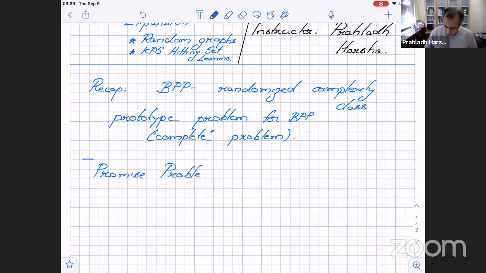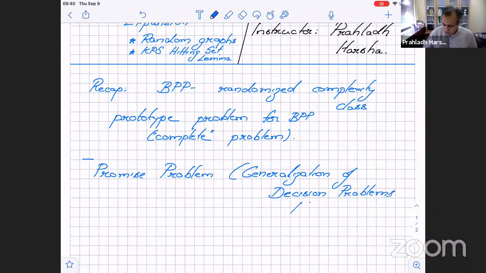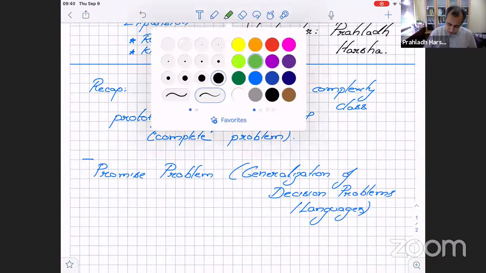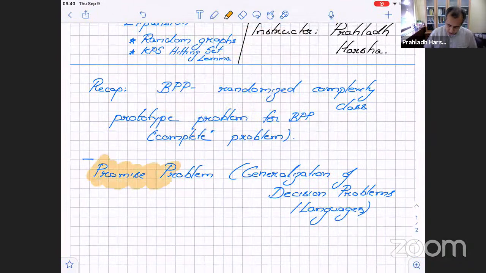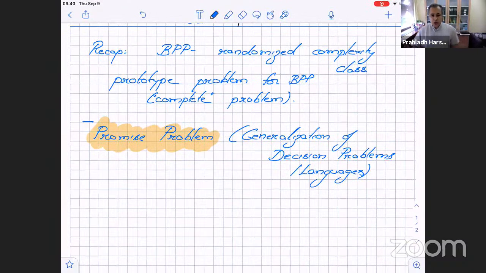So what's a promise problem? It's a generalization of decision problems or languages, what we have so far referred to as languages. Whenever you're talking about a language or a decision problem, there was an underlying alphabet.